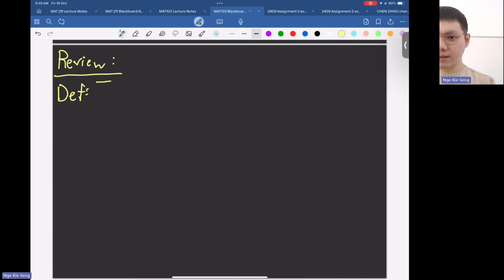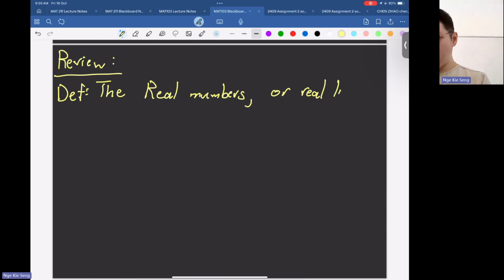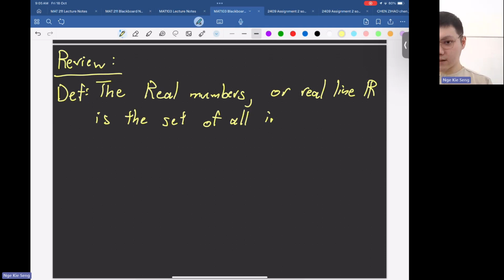The real numbers, or sometimes we call it a real line, which we denote by this, in LaTeX you put \mathbb{R}, is the set of all rational and irrational numbers.